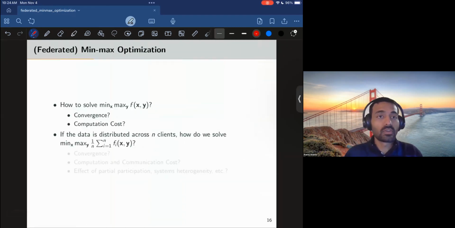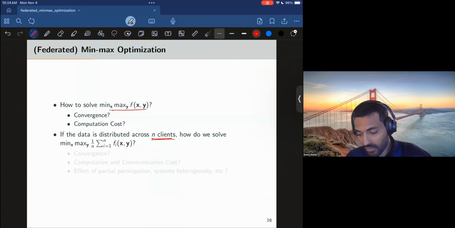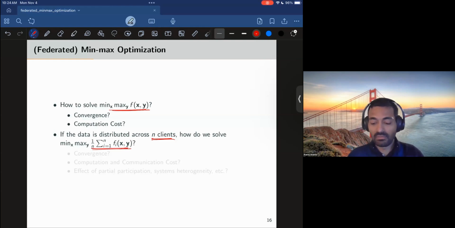And we'll also talk about what happens when the data is distributed across multiple clients, meaning we are in the federated setting. So rather than solving this problem, we are actually solving this problem where each client has its individual loss, and we try to solve the min-max problem over the average loss.